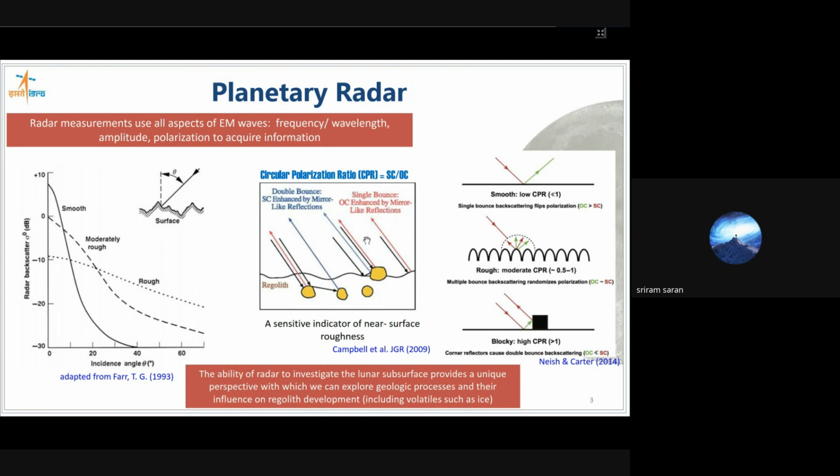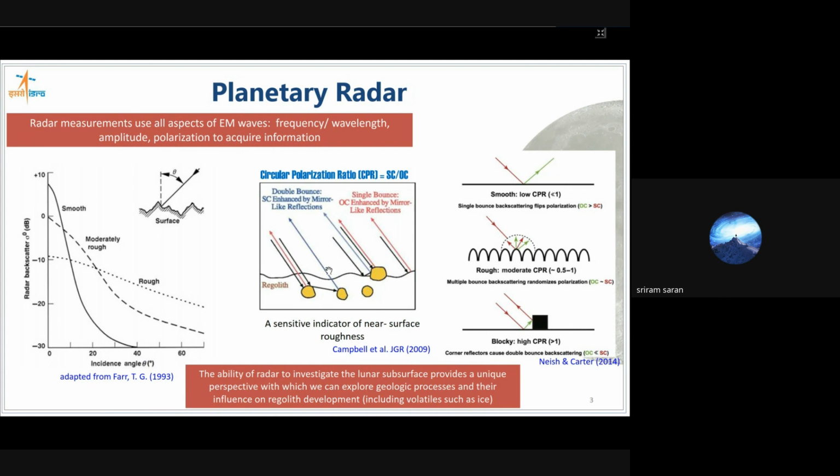That means mirror-like reflections from the surface, either from the undulating surface or from the scatterers such as rocks present on the surface. Whereas the same sense returns are enhanced by reflections taking place twice. That means typically from a regolith to a rock or vice versa.